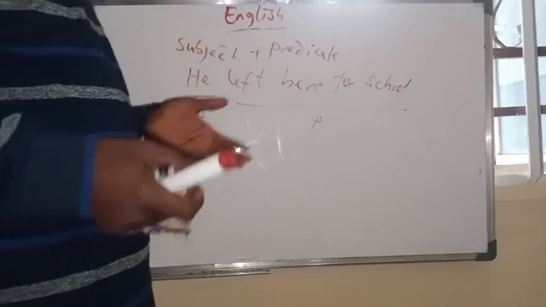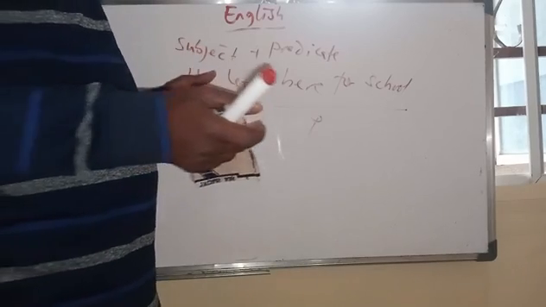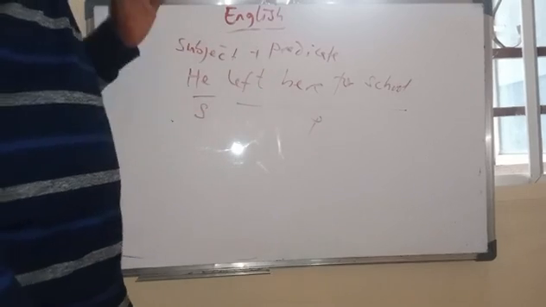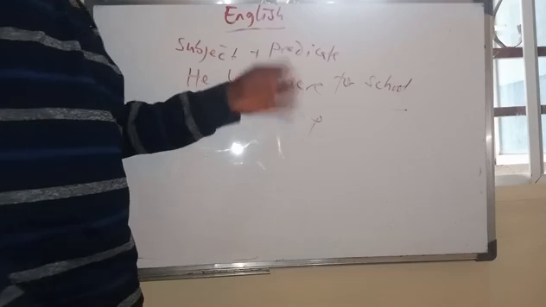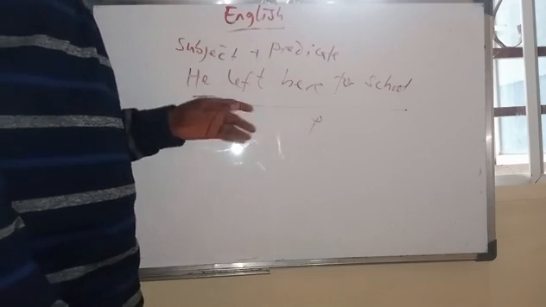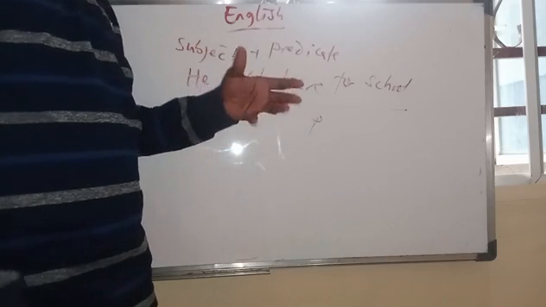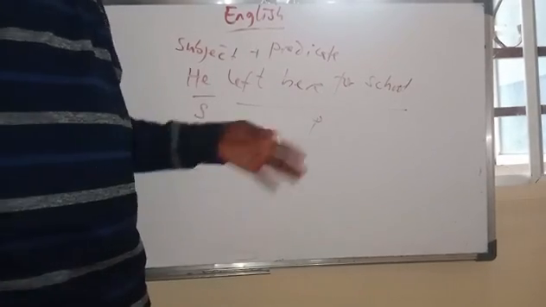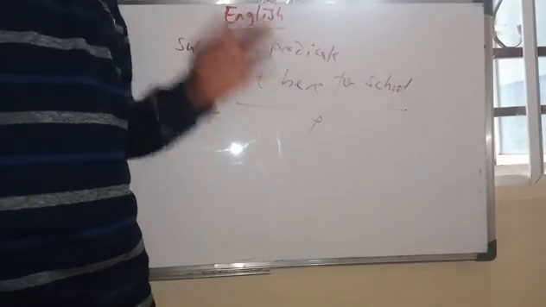Once the subject has been identified, the remaining part of the sentence is the predicate, and in this predicate you can have the verb, the object, and many other things.